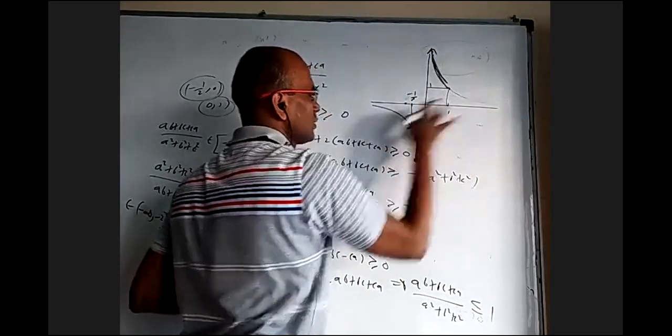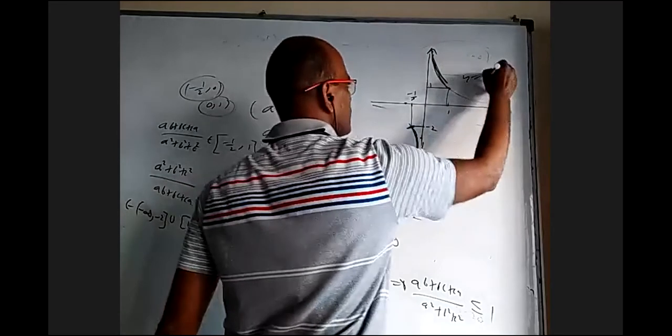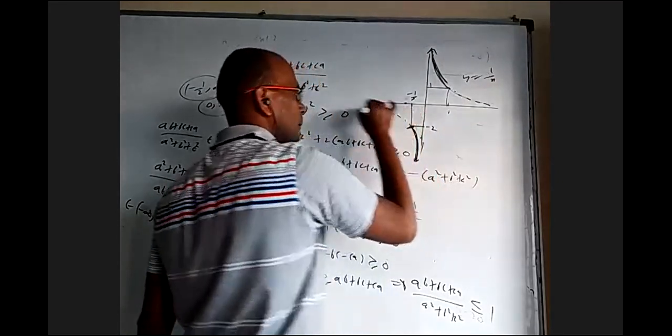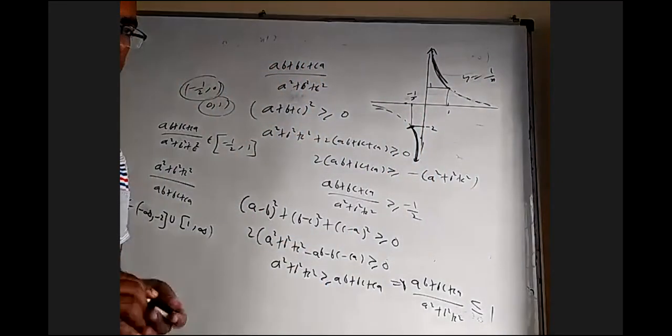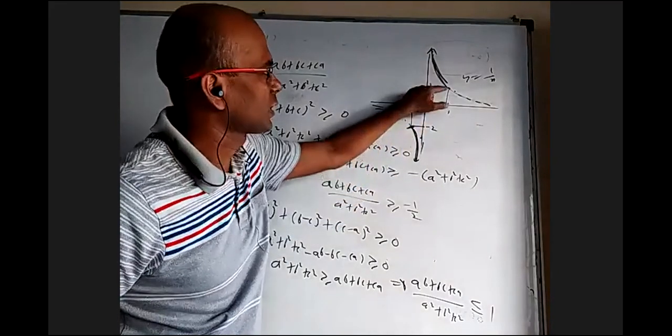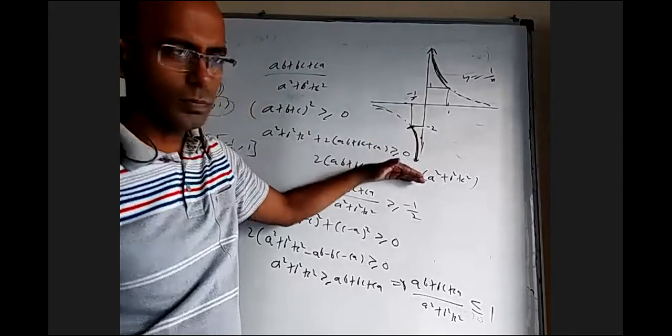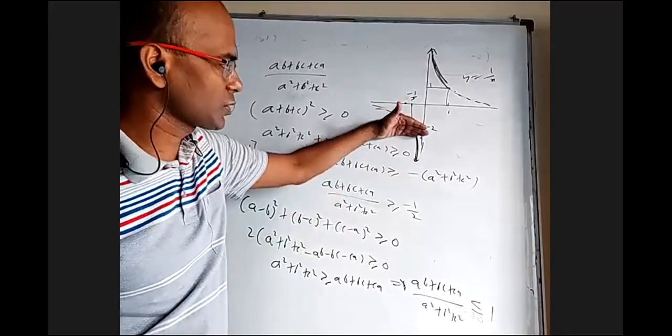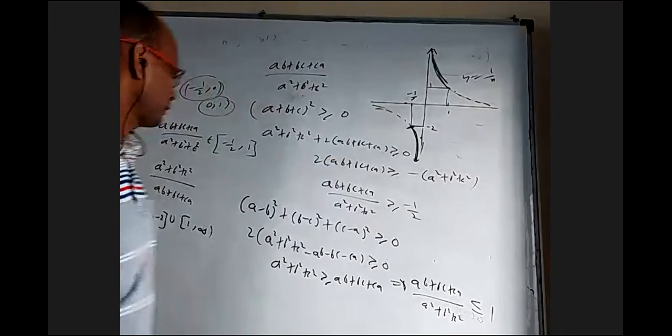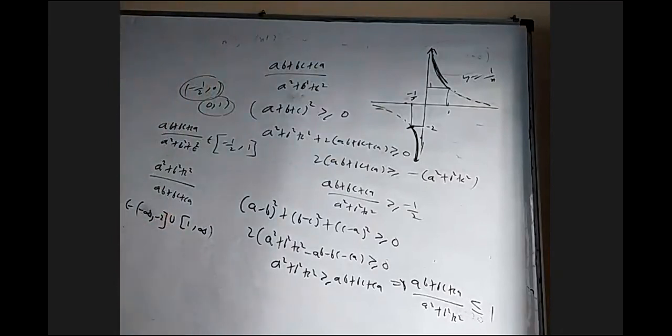This is not there. This is not there. This is the graph of y equal to 1 by x. Now what happened? Between 0 to 1, the range is 1 to infinity. Between minus 1 by 2 to 0, the range is minus 2 to minus infinity. So minus infinity to minus 2, union 1 to infinity. That is exactly the answer for this.